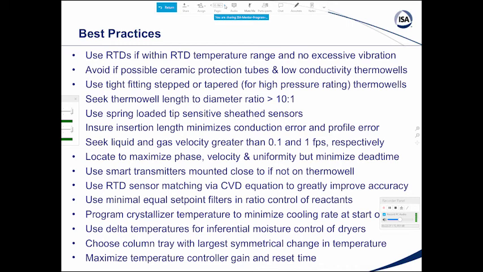Maximize temperature controller gain. Maximize temperature controller reset time. Seconds per repeat, minutes per repeat. They don't say per repeat, they probably just say seconds, minutes.